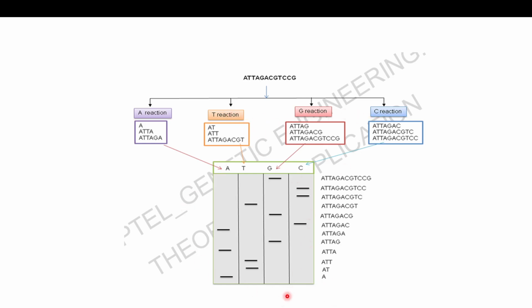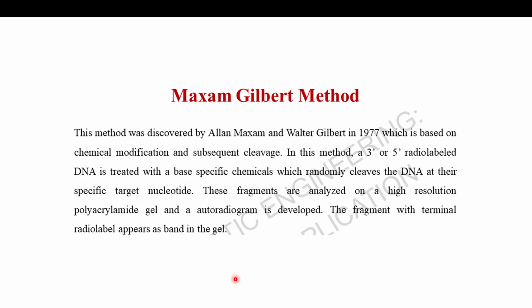This is how the gel looks. If the fragment is stopping at this point, then it has A here at the end. And if it is stopping at T, then the complement is A. So this will be the A nucleotide in that sequence. Similarly, it goes on.